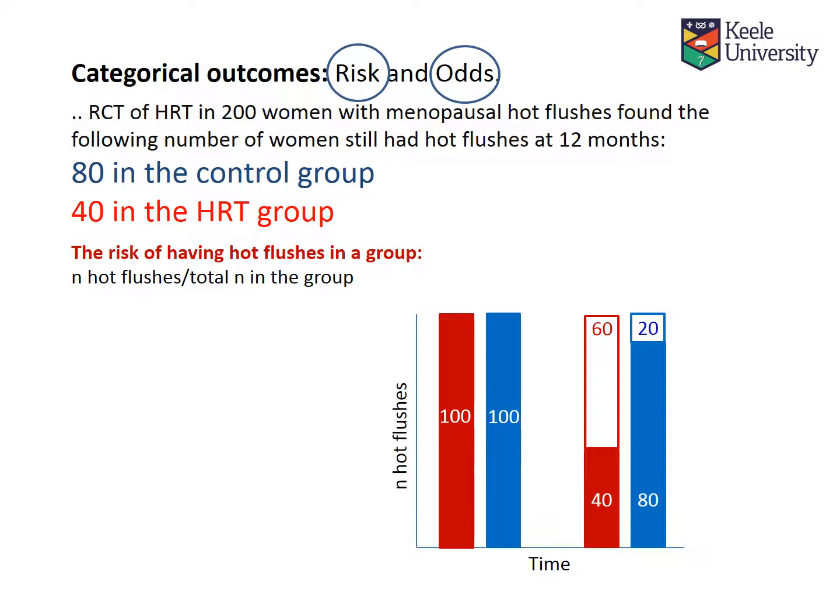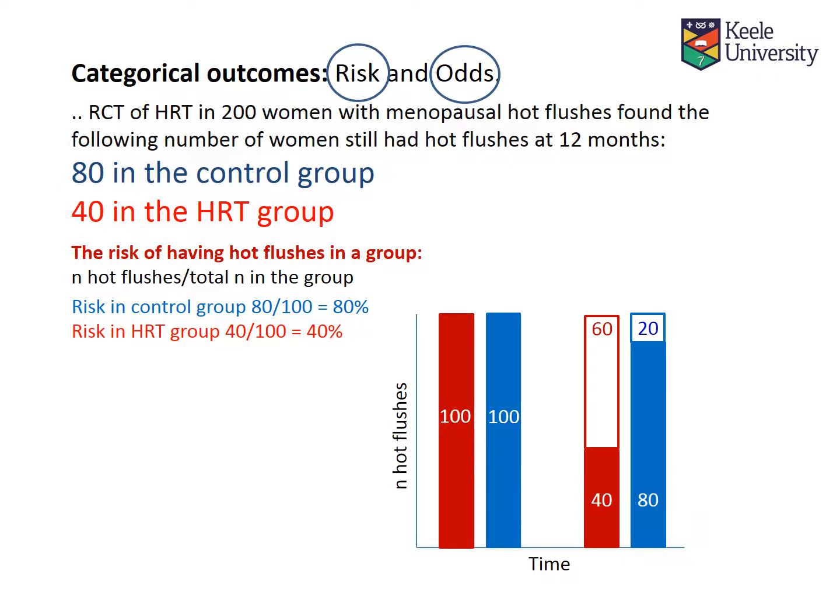Now, the risk of having hot flushes in a group is the number of hot flushes divided by the total number in that group. So, the risk in the control group is simply 80 divided by 100, which is 80%. The risk in the HRT group, 40 divided by 100, 40%.